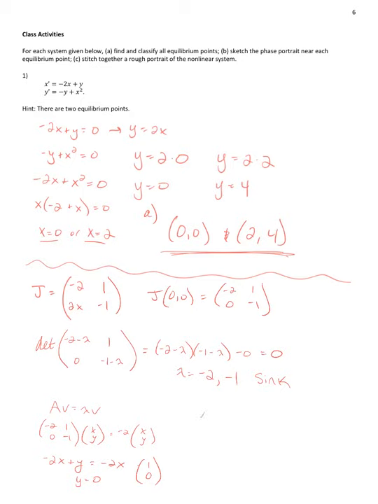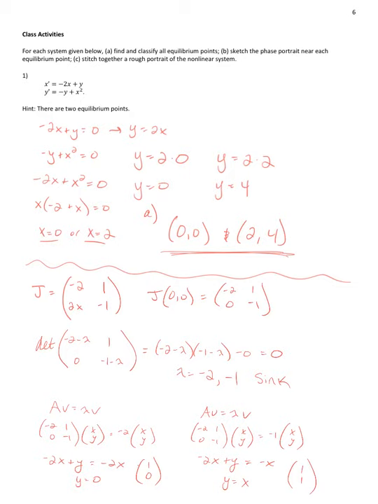And then I'm going to do the same calculation for the other eigenvalue. So -2x plus y equals -x. So I add 2x to both sides, and I get y equals x. So (1, 1).